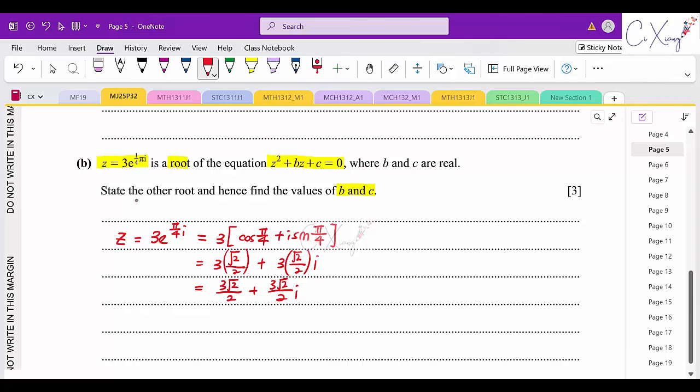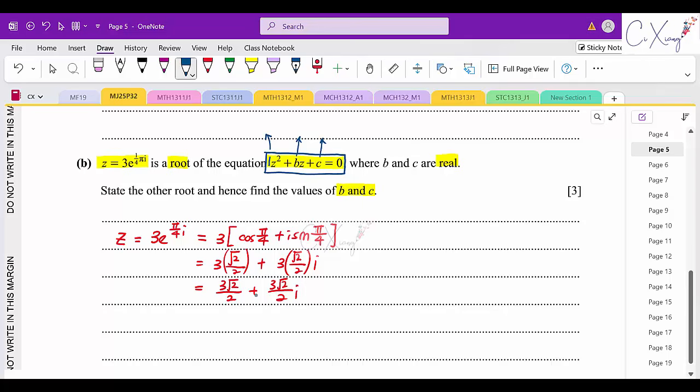Now they want us to state another root. To state another root, you can have a look at the equation that we have. They said that this is the equation. It has this root and the coefficients of the equation are all real, because z squared has a coefficient of 1, which is a real number. B and C, although unknown, I know that they are real as well because it is mentioned in the question. Therefore, according to the property that we learned, when all the coefficients in the polynomial are real, then the roots will appear in conjugate pairs.